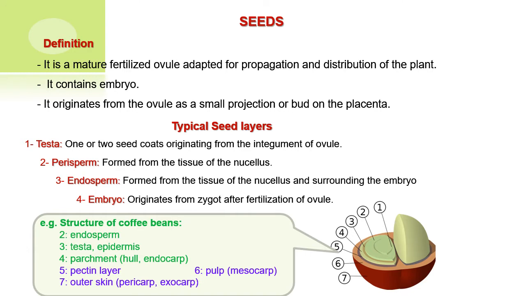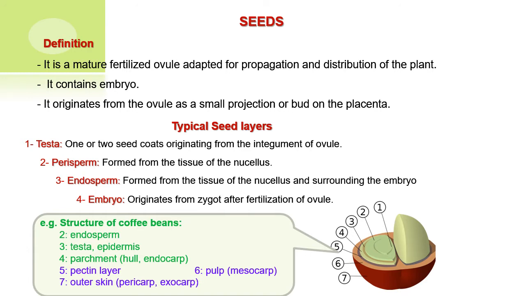There are two cotyledons of a dicot plant. The plant is a coffee bean. The outer coat or outer layer of the seed is known as the testa or outer seed coat, which is one or two coats originating from the integument of the ovule. We will come to define the integument.